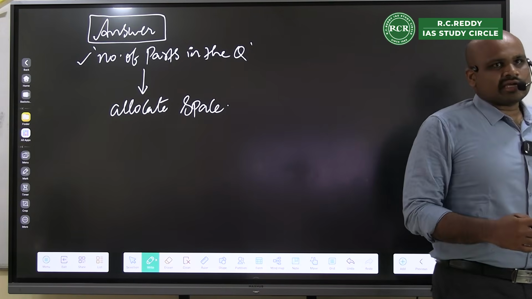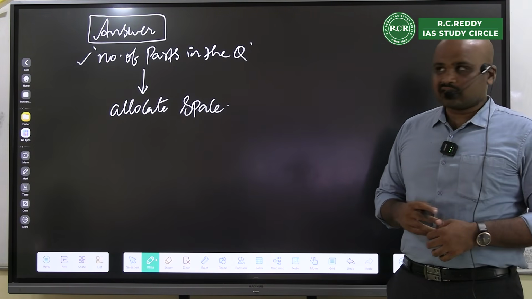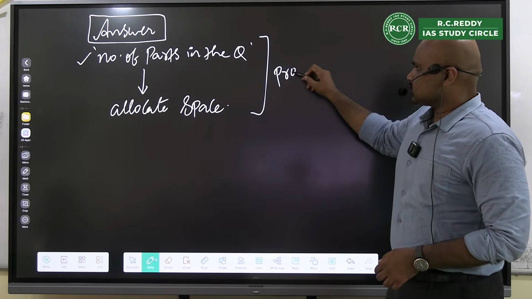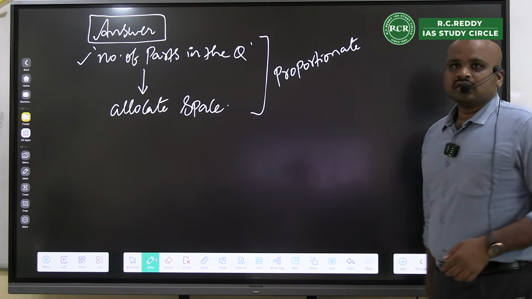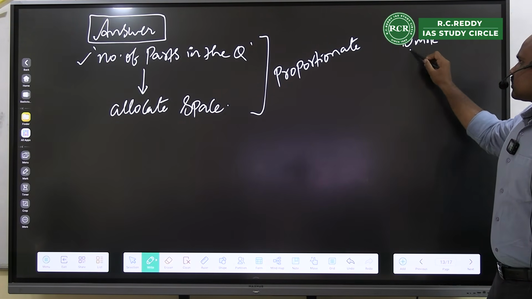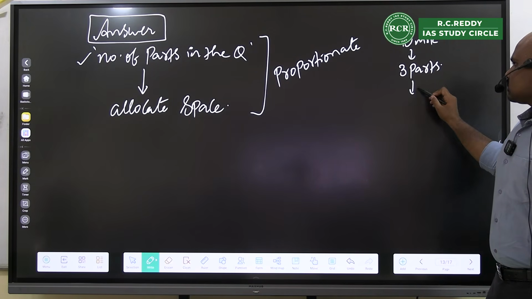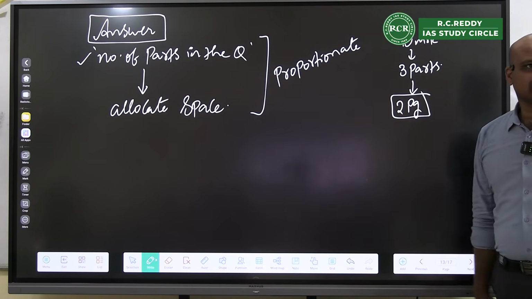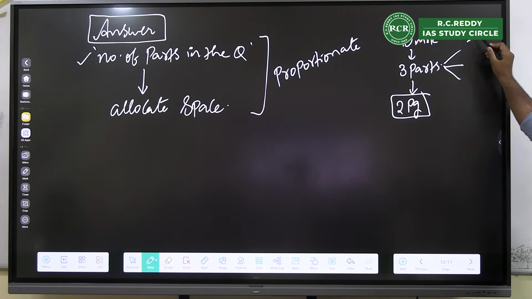Now, when I say allocate respective space to each part, the understanding is very clear again. For me, the allocation is proportionate. That means, if I am writing a 10 marker and the question has 3 parts and the space allocated to this is 2 pages, how much am I going to allocate to each part?